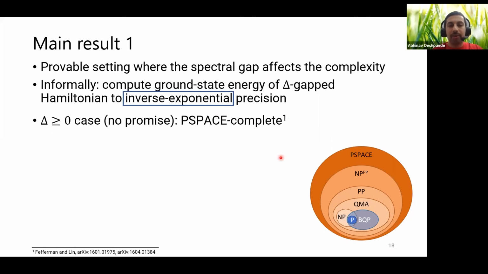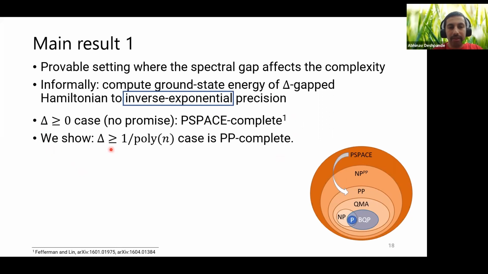In this context, what we show is that the moment the spectral gap is at least inverse polynomial, which note is still vanishing with the system size, even with such a weak promise, the complexity of the problem already reduces by a lot. It goes from PSPACE all the way down to PP.